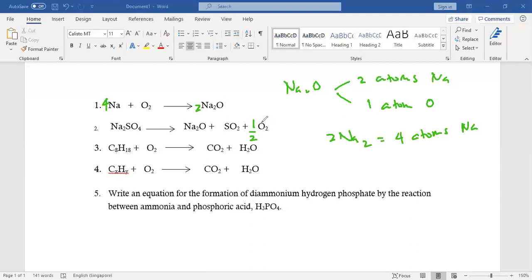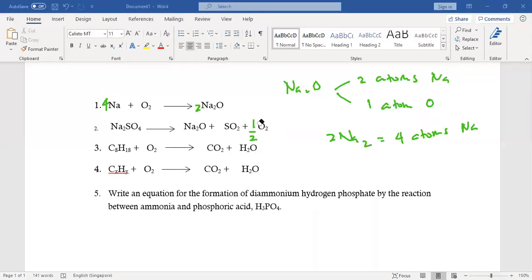In some books they put a half fraction, but for this tutorial session I wish to remove the fraction. So what I need to do is multiply both sides by 2, because half times 2 is 1. All right, having said that, I can multiply everything by 2.